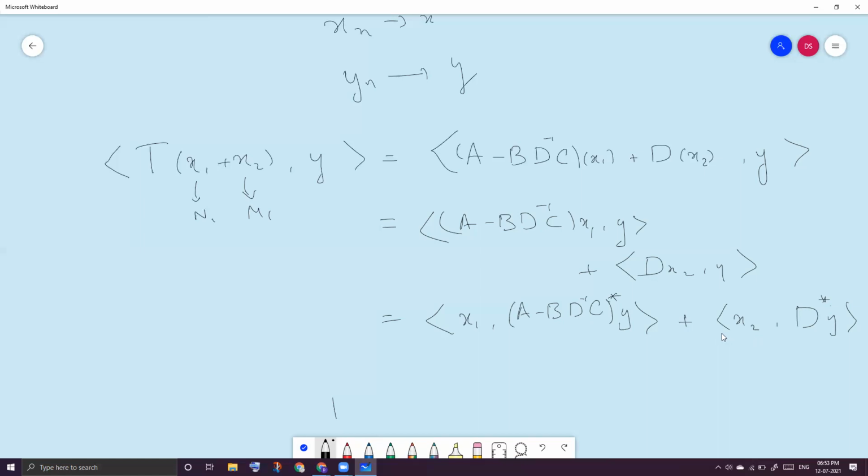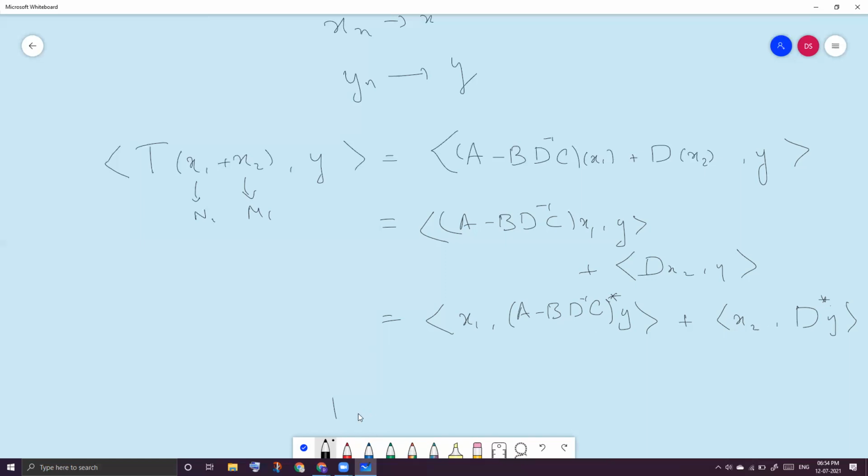So this one is contained in N1, and this one is contained in M1. Okay, wait.